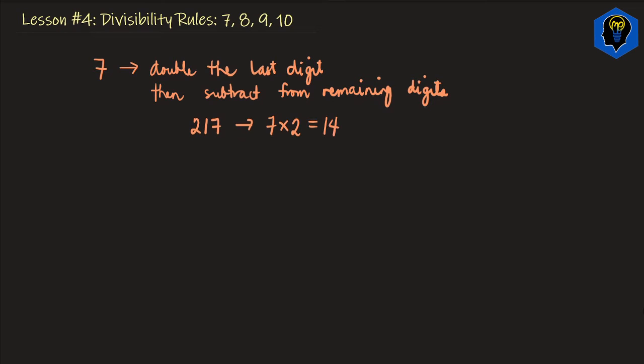That's 14. And you subtract it from the remaining. So the remaining would be 21 minus 14. So your answer is 7. Since 7 is divisible by 7, that means the number 217 is also divisible by 7.